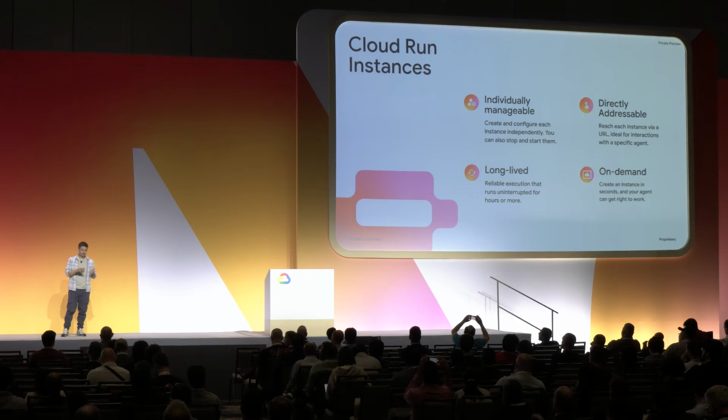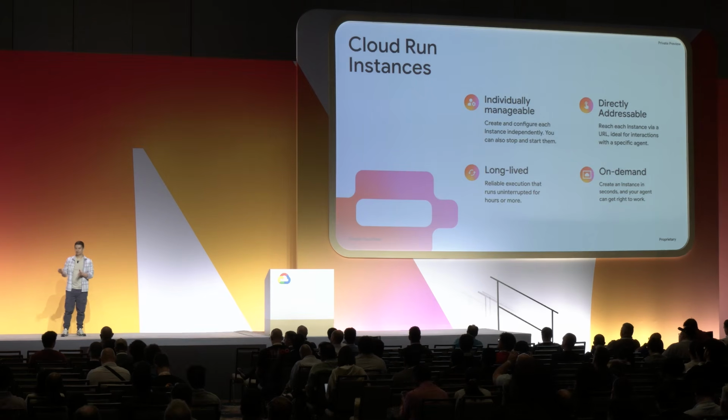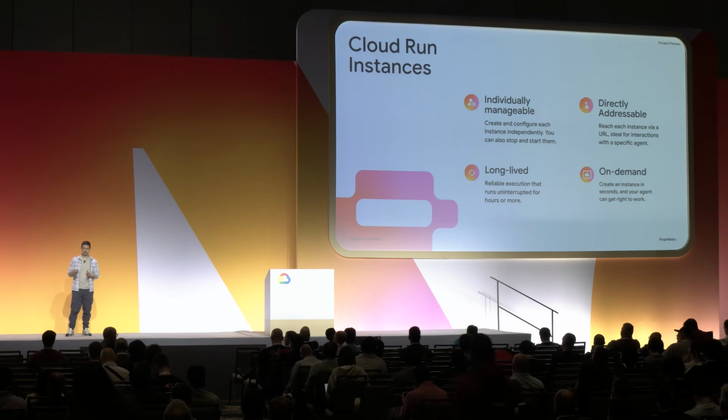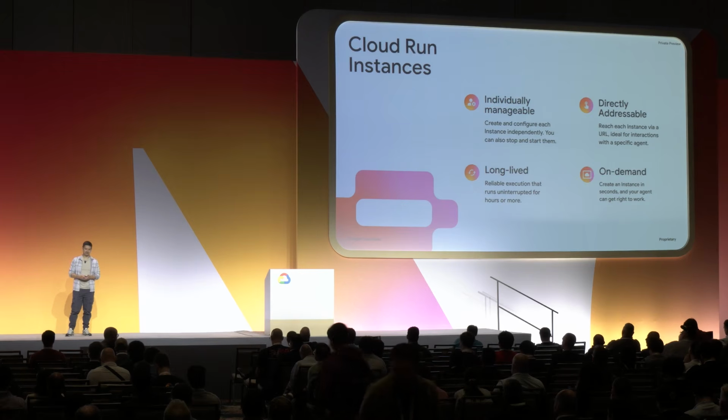Beyond that time frame, you'll be able to configure your instance to restart automatically in order for it to run for as long as it possibly can. This more durable lifecycle is critical for agents performing complex tasks over longer periods of time.